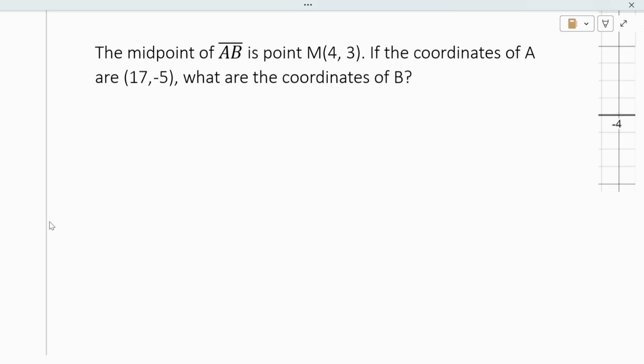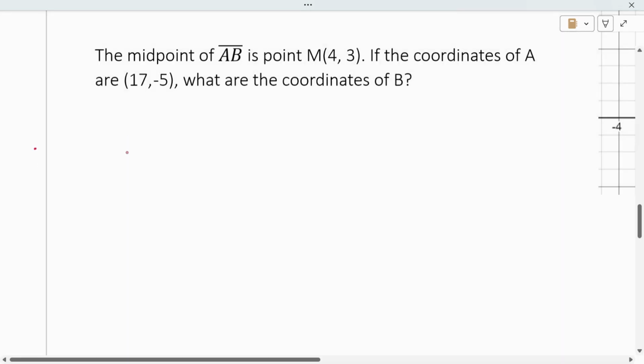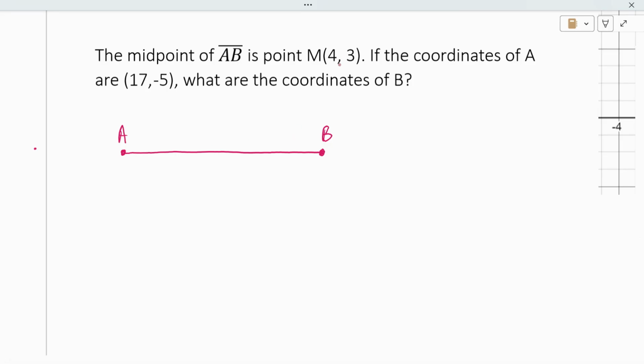All righty. So I'm going to draw a sketch of this, first of all, because that helps my brain process. It says the midpoint of segment AB. So the first thing I'm going to do is draw segment AB. It says the midpoint of this segment is the ordered pair 4, 3.